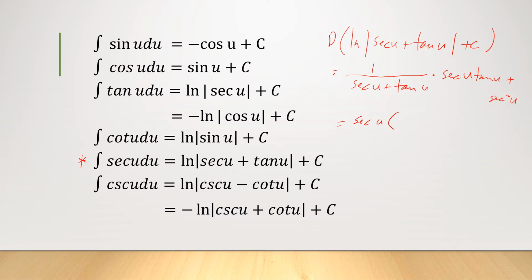We have here tangent u plus, factoring secant u from secant squared u gives us, secant u all over secant u plus tangent u. And see that these two will cancel, hence we have secant u. Okay, so we can do the same thing for all the other formulas.